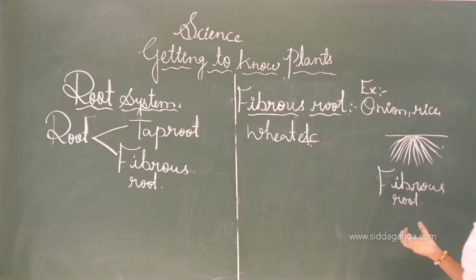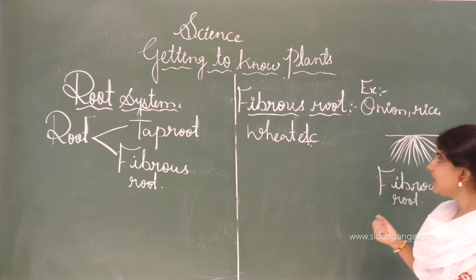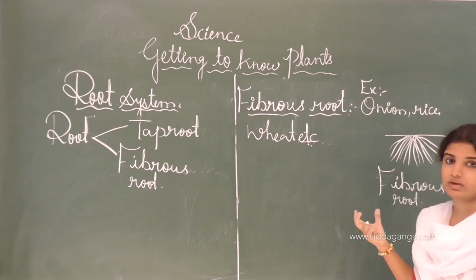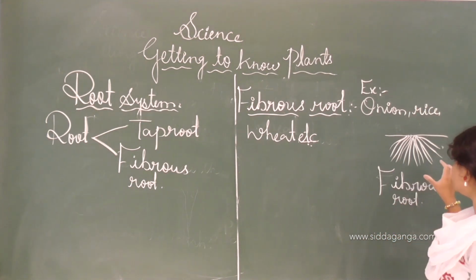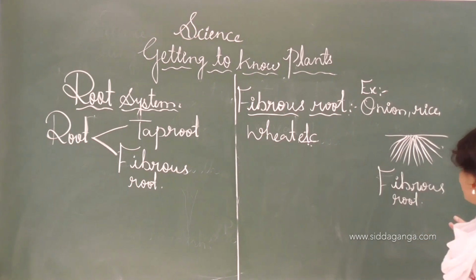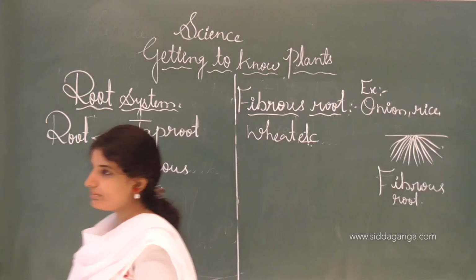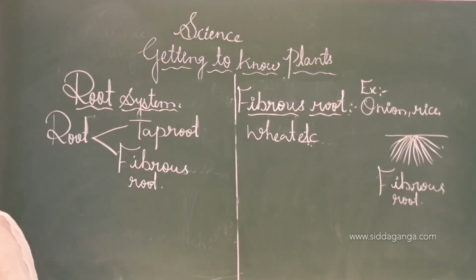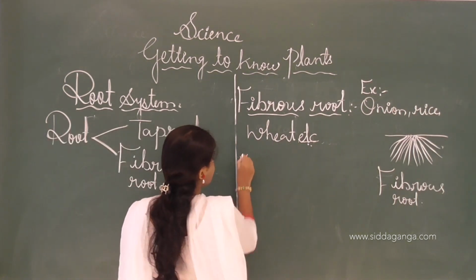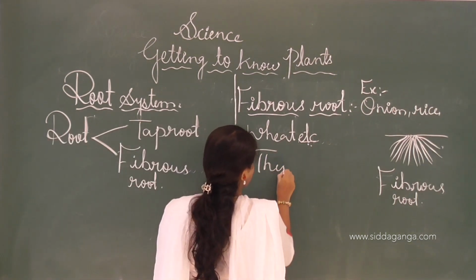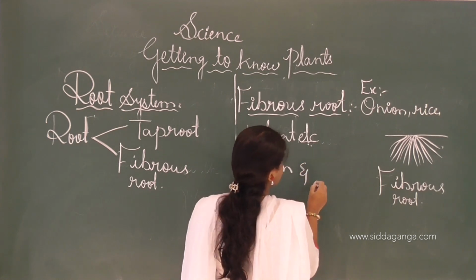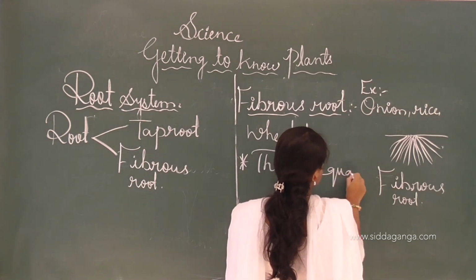This fibrous root is attached to the stem, and it has no main root, only the branches of the roots will be present. These roots are thin and almost equal in size.